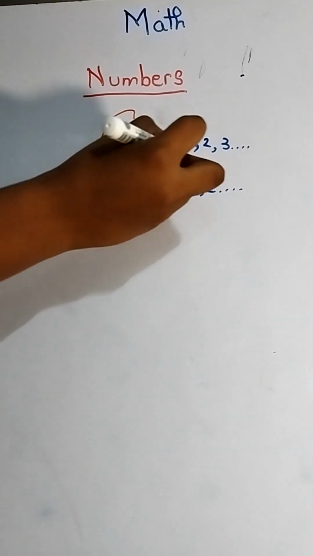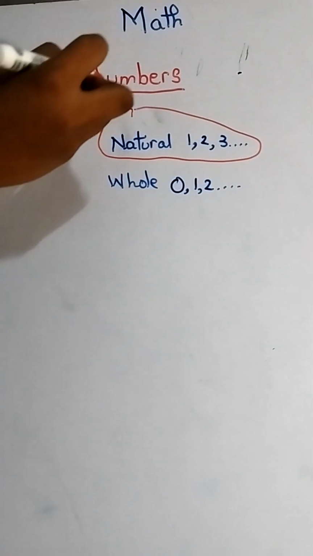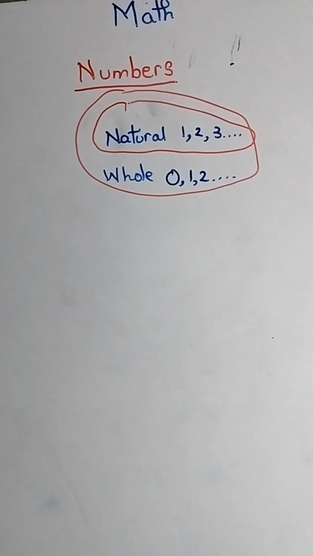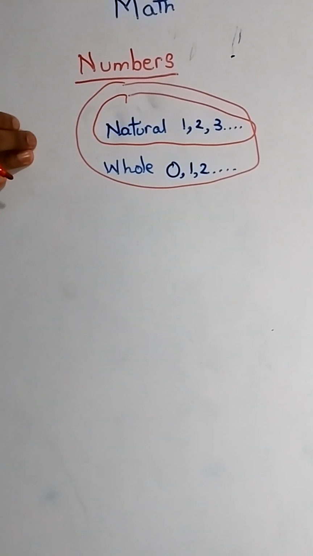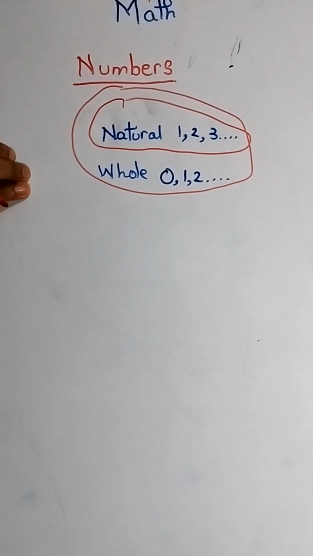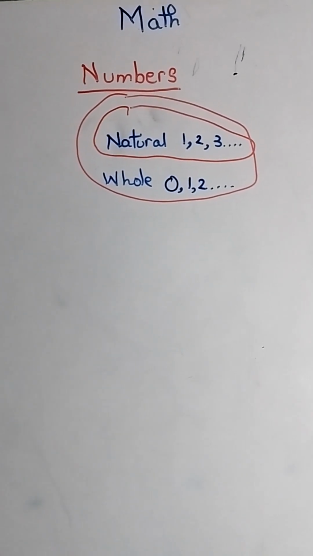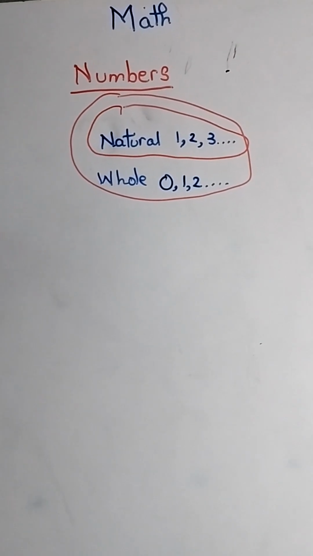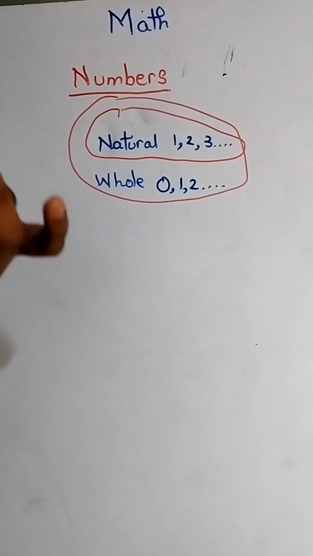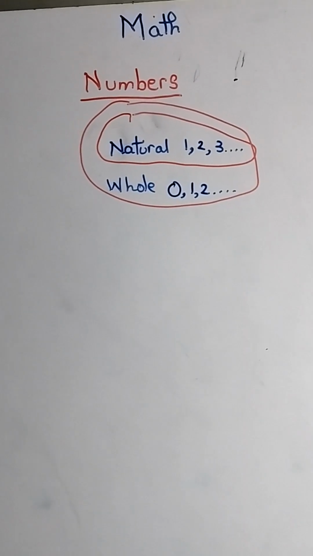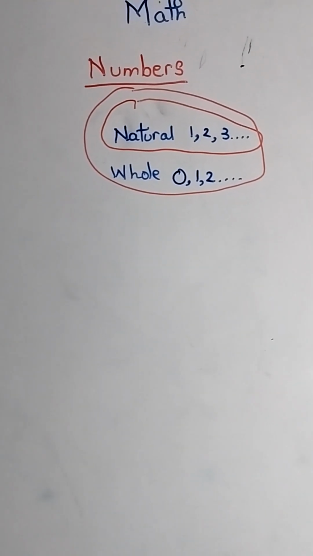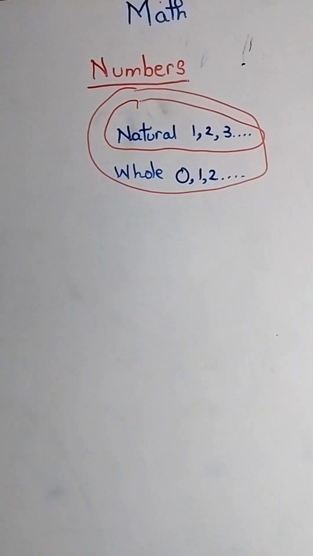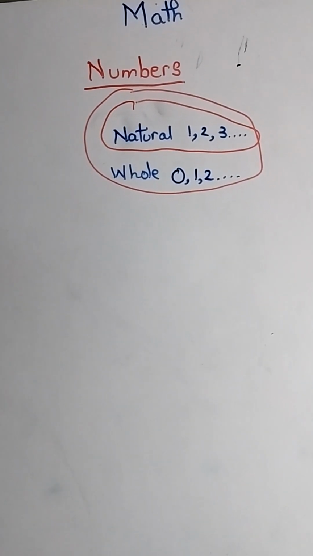We can make this one circle and then cover this in another way, which means that we can also tell that natural numbers come under whole numbers. I also want to tell you one more thing, that natural numbers go on for as long as possible. They can go all the way up to much larger numbers like 100, 1000, etc. Whole numbers are nothing but the natural numbers, but they also include 0.